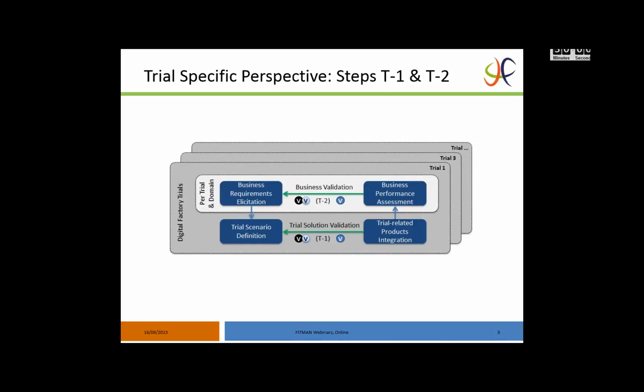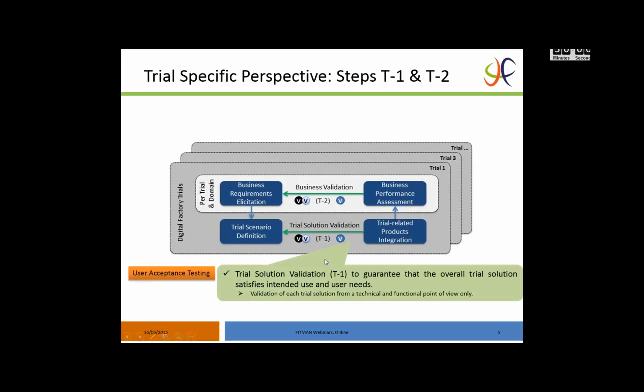The trial-specific perspective, or what we could say the more business, the more manufacturer perspective. We have defined 2 steps. The first step concerns the trial solution validation. This step guarantees that the overall trial solution satisfies intended use and user needs.